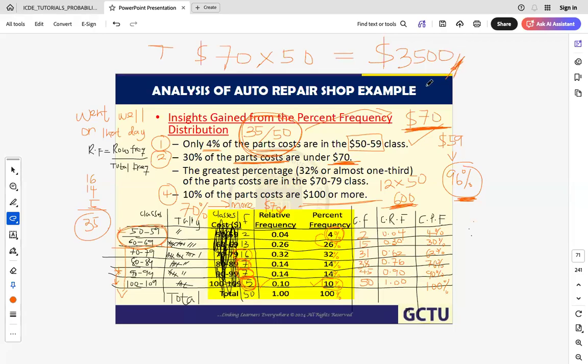And anybody who sells spare parts getting $3,500 a day, you can say this is a good business.